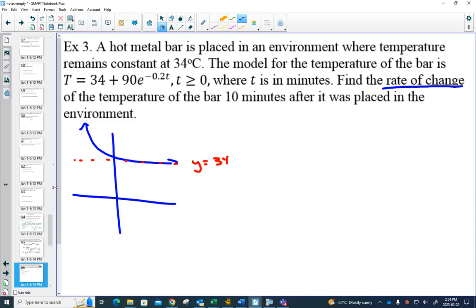Find the rate of change of the temperature of the bar 10 minutes after it was placed. So you brought this hot metal bar into the environment, you put it down, and 10 minutes later we're going to find out how fast it's cooling. So if we take the derivative, the 34 will go away. We have a chain rule here.